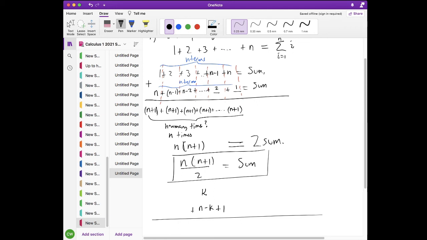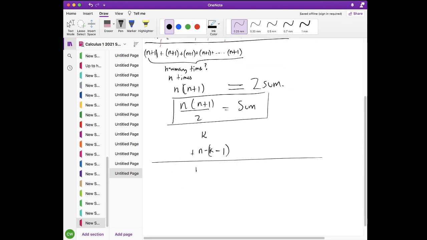Notice that each of these minus terms is always the negative of 1 less than the upper one. I'm always subtracting k minus 1. So that's why we get n plus 1 for all of them.